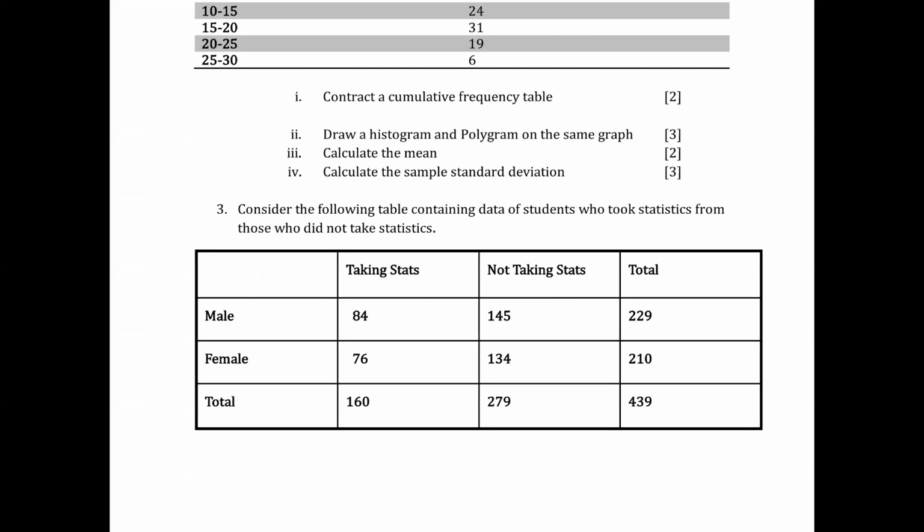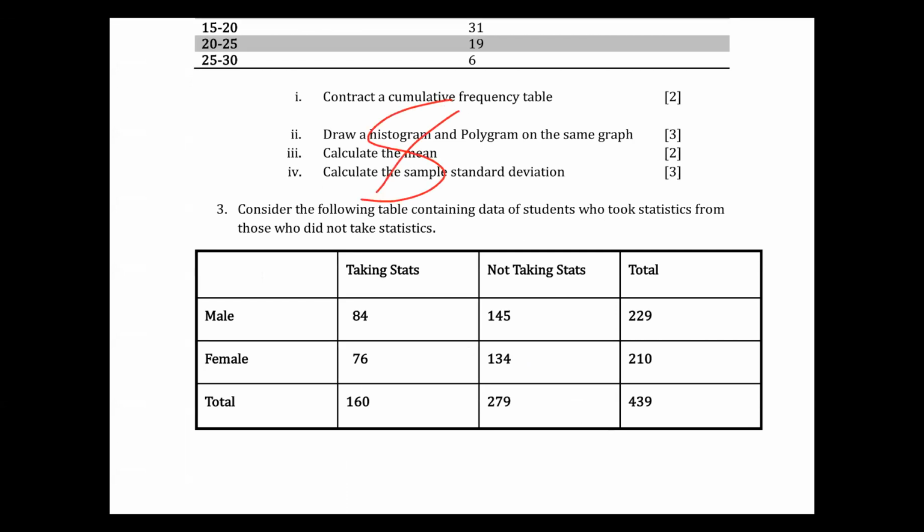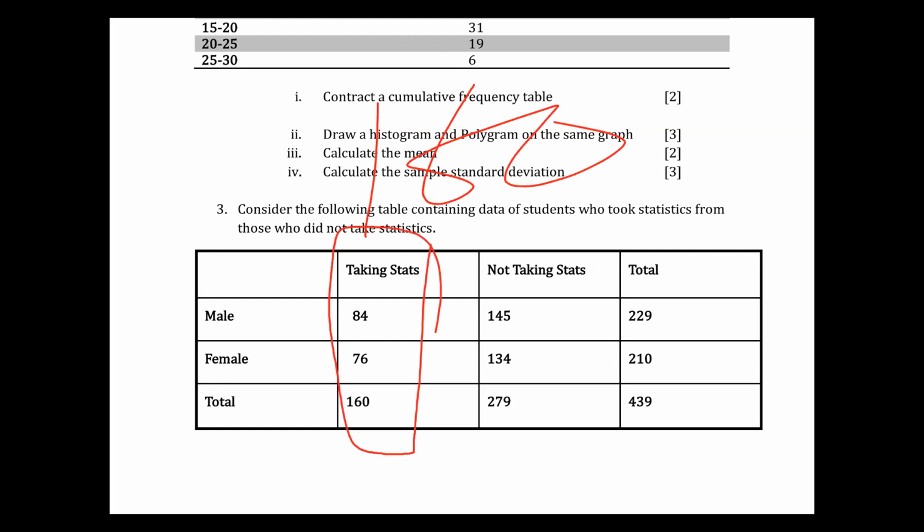So it was going to be 84 over 439. You got that, right? That's for males. Now, when you say total number of those who took statistics, that's when you add all these female and male. Over 439. Okay.